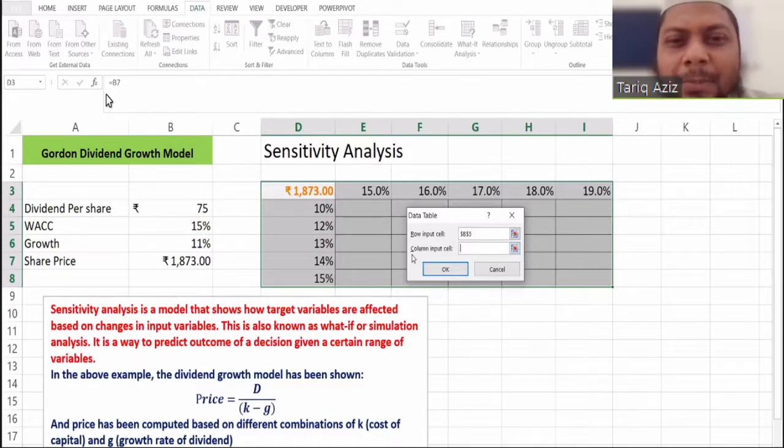Similarly, it is asking me to define the column input. What are these figures 10%, 12%, 13%? I will tell the software that these figures are actually the growth rate, which is situated in B6, so I will provide the reference of B6 here. And once I click OK, different possible outcomes will be generated.